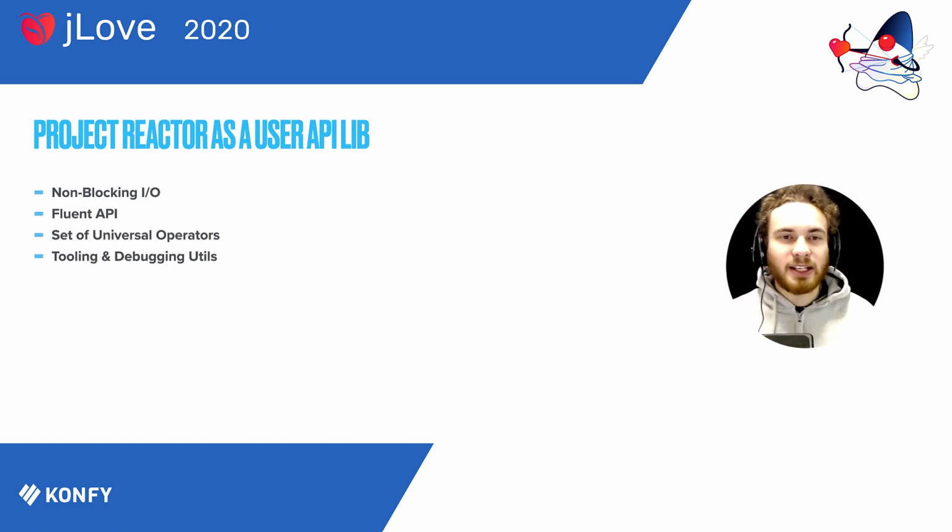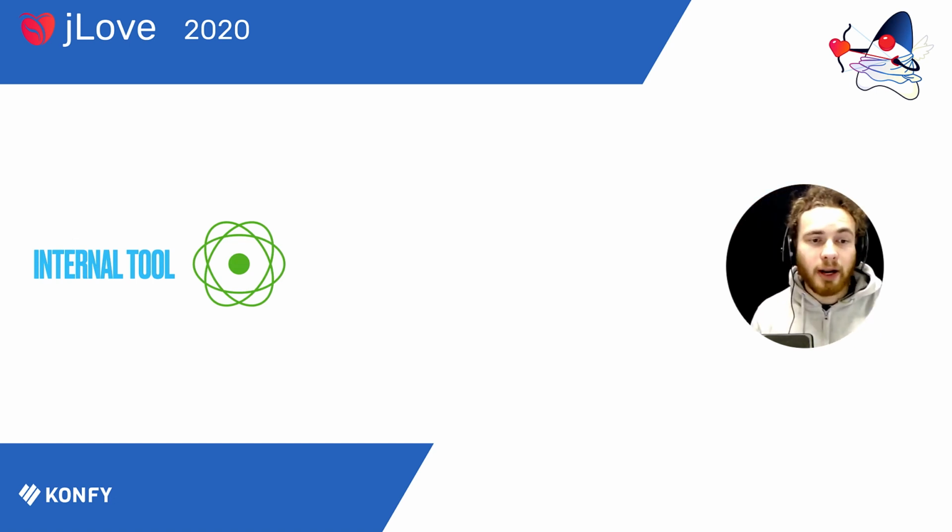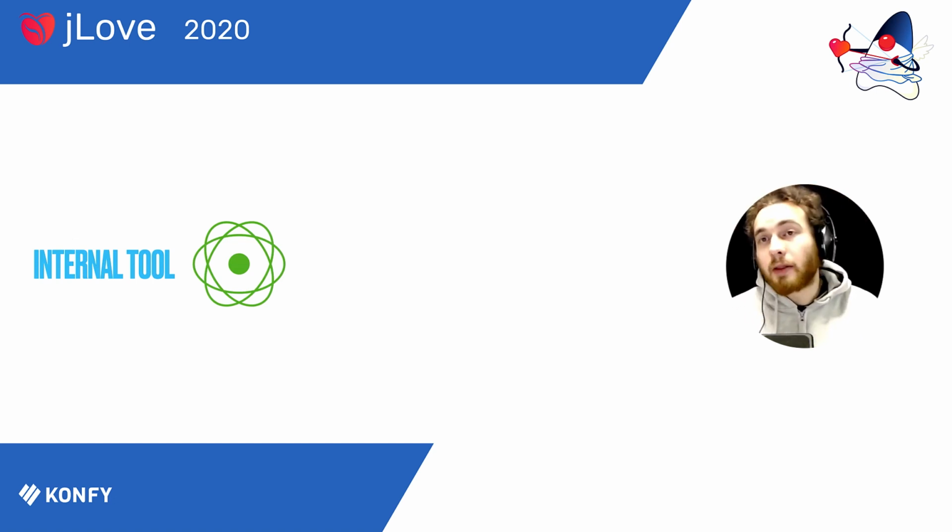On the other hand, we decided to use Project Reactor inside RSocket, inside the RSocket core implementation, and we decided to use this set of universal operators in our logic, because it makes sense, because it simplifies the whole development. And since we expose reactive streams, probably we have to use that inside our library as well.